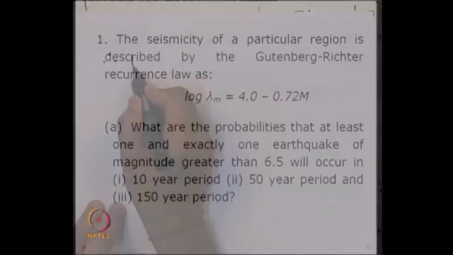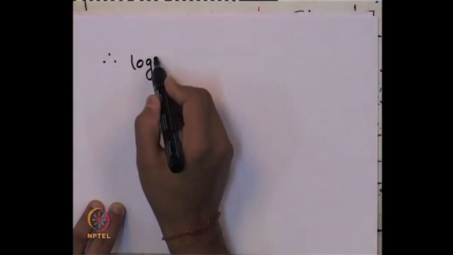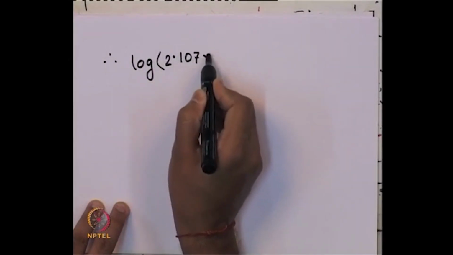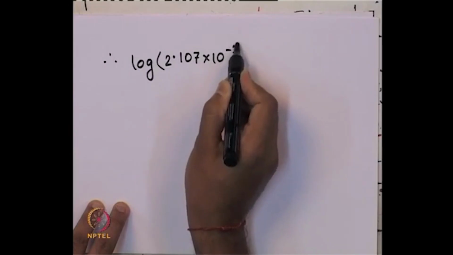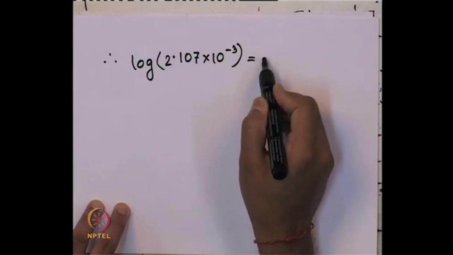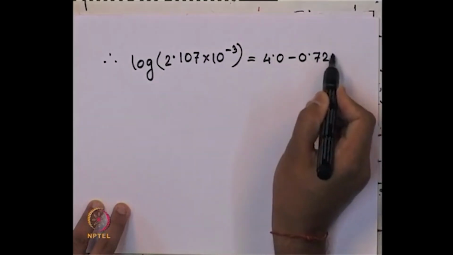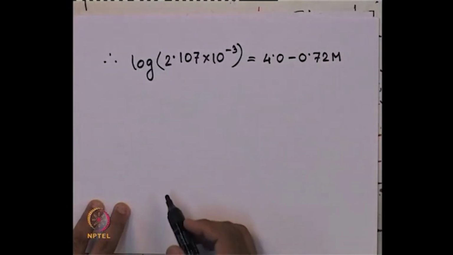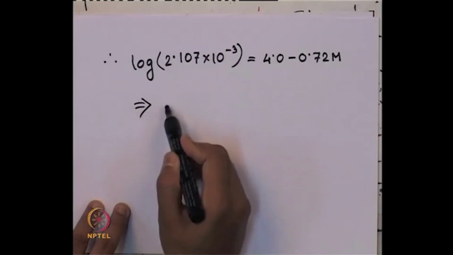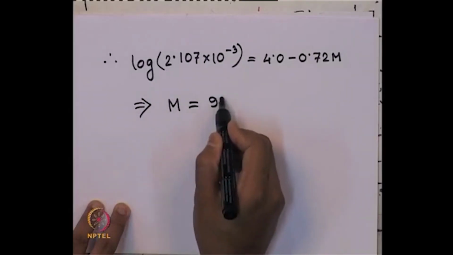So, log of lambda m, how much we have calculated? It is 2.107 into 10 to the power minus 3 is our lambda m value, equals 4 minus 0.72 m. Fine. If you simplify this, the m value works out to be 9.27.